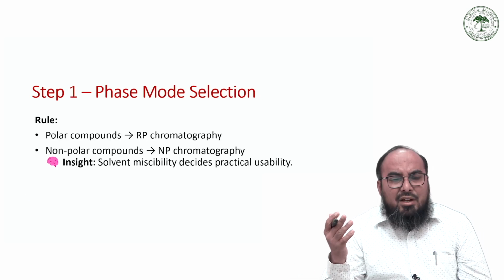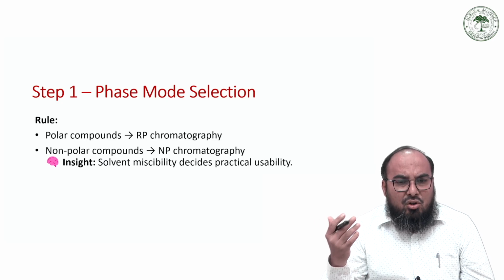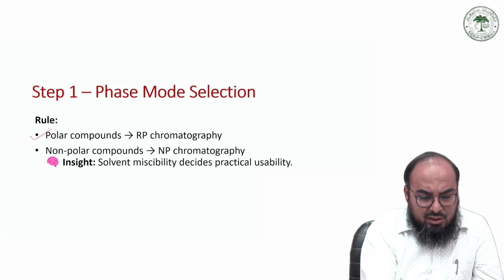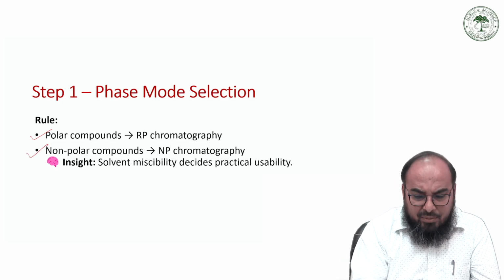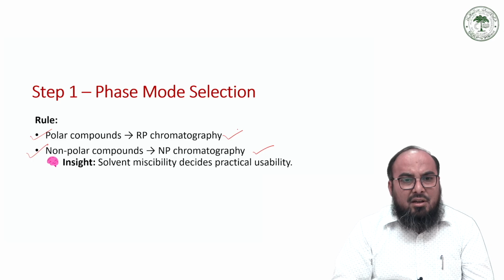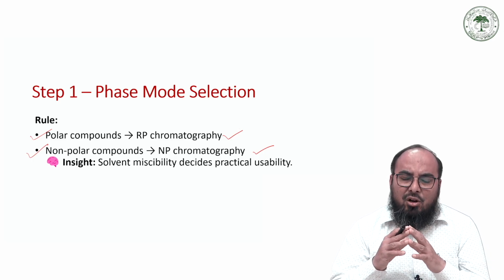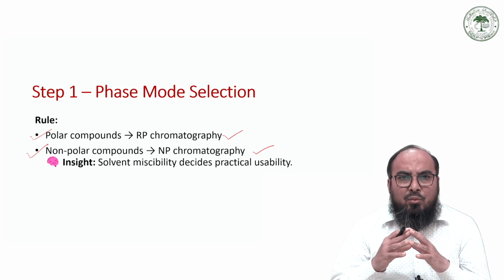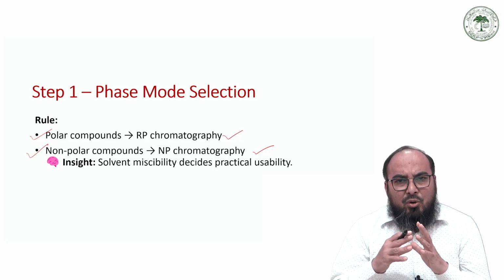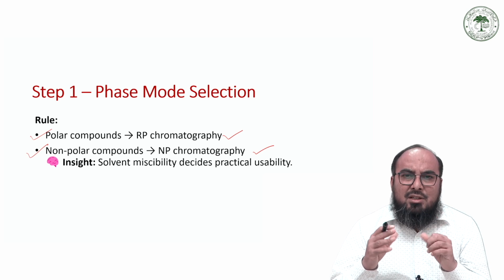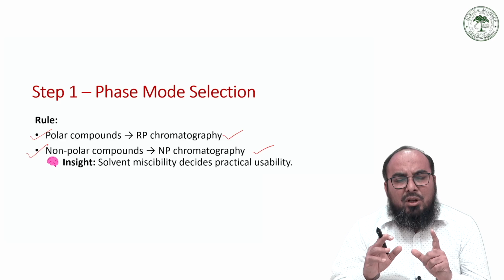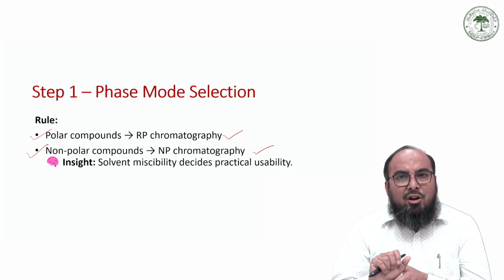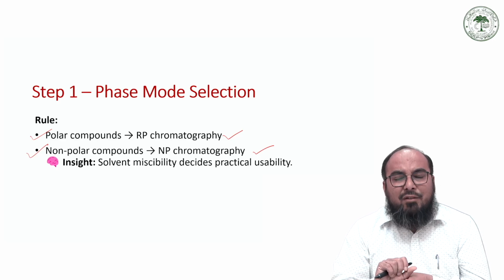So again, if we have a polar compound, then we have to do reverse phase chromatography. If we have a non-polar compound, then we have to do the normal phase, because you have to think in terms of the same analogy, that is, the interaction of a non-polar solute with a non-polar stationary phase is strong, and the interaction of a polar solute with a polar stationary phase is strong, and in order to have better or fast elution, you have to change it.